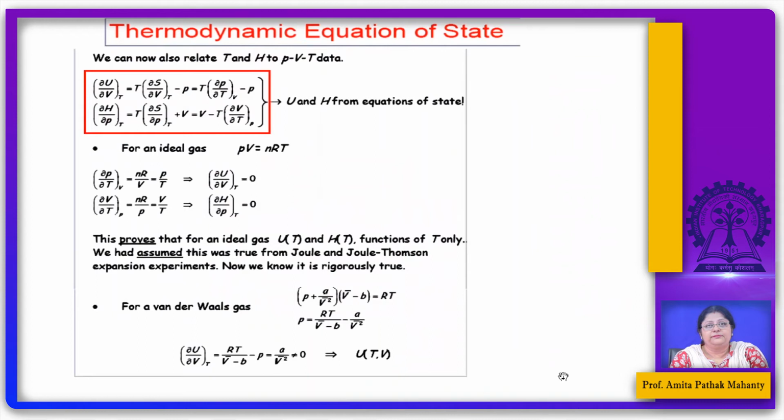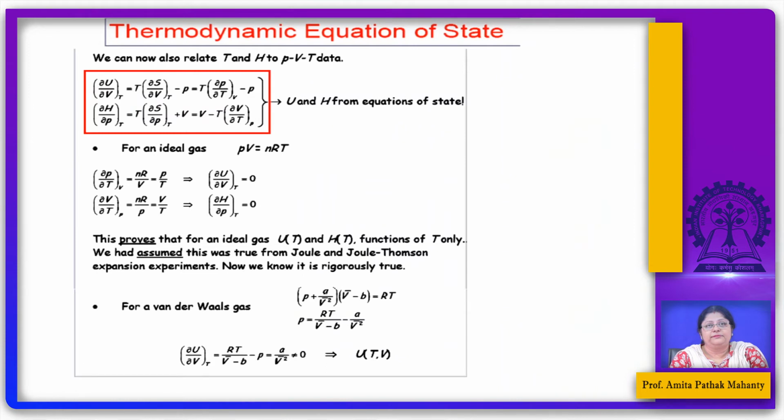But what is more important is that these are the two equations of state in terms of the thermodynamic potentials U and H. H with respect to pressure at constant temperature was also taken to be zero for an ideal gas.